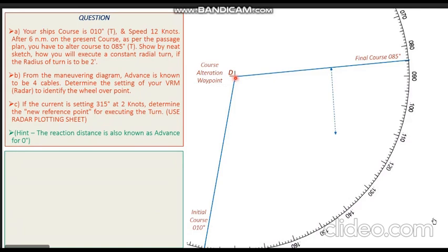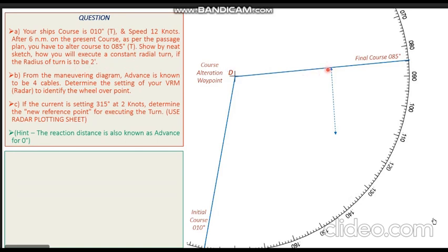Now we have learned the method of making the curved path. You can pick up any particular point on your final course. I have picked this particular point, and I keep my compass at this point. Now I open up my compass equal to my radius of the turn, which is given as 2 nautical miles.